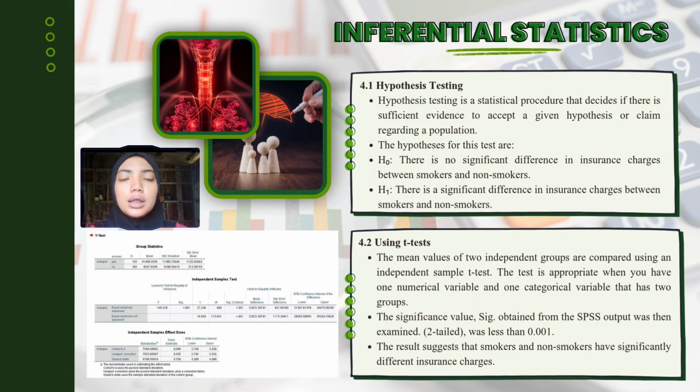Based on the SPSS output, the significance value, or Sig. (2-tailed), was less than 0.001. Since the p-value is smaller than 0.05, the null hypothesis is rejected. Therefore, the results indicate that smokers and non-smokers have significantly different insurance charges, where smokers are more likely to pay higher insurance premiums due to greater health risks associated with smoking.